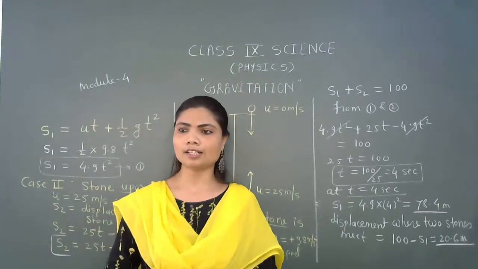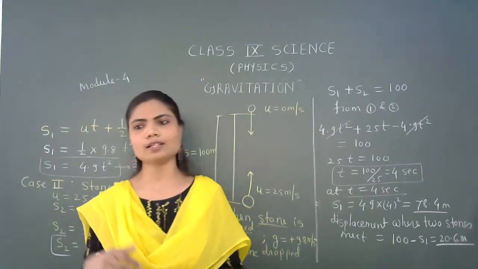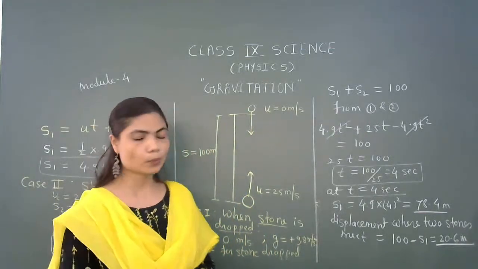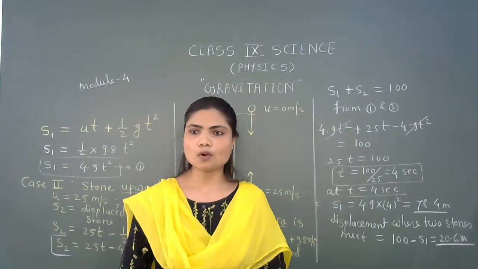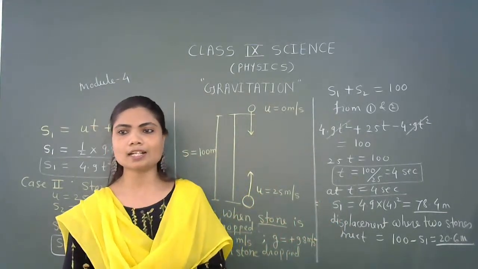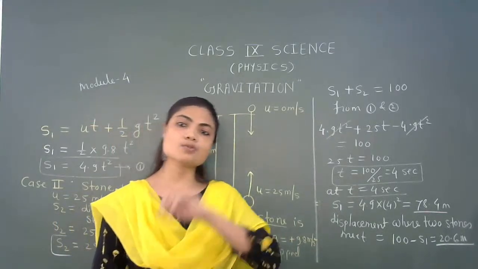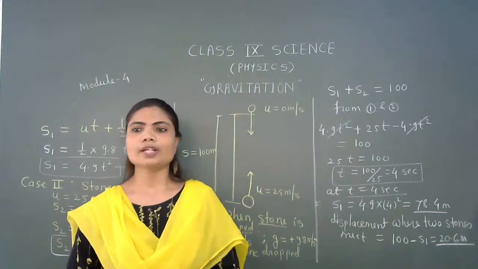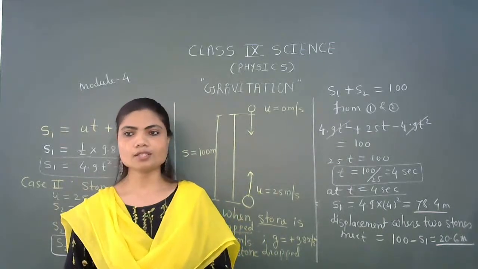But for the other stone, it will be provided, or it will be explained in logical ways. So here we have understood very well that the value of small g is constant at the surface of the earth, and thereby we can use the mathematical equations, and by using them we have solved this somewhat tricky question, which is very important for us to understand.